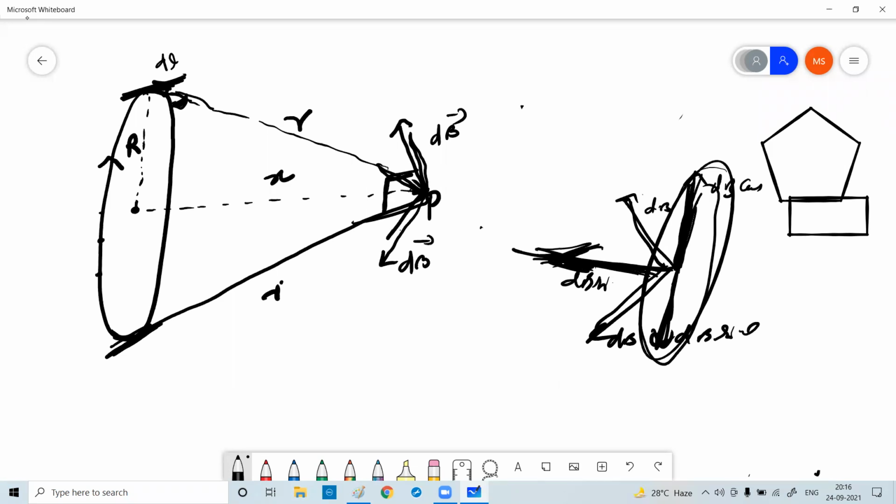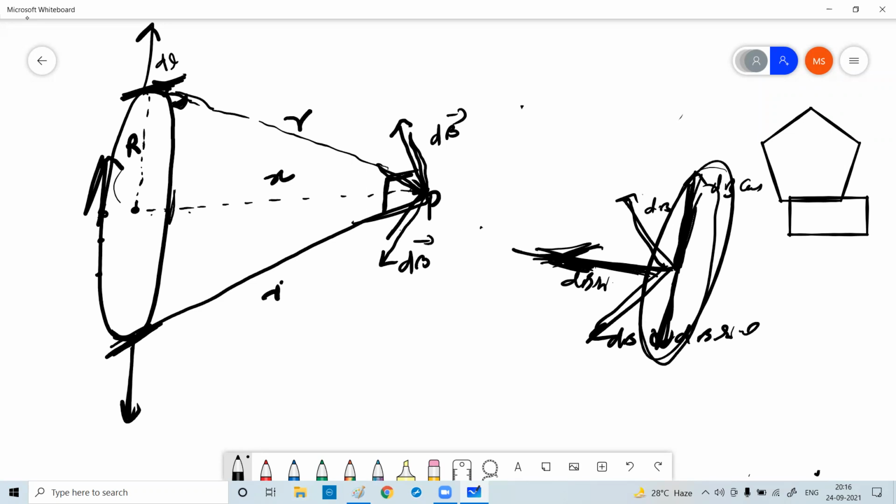Why? Because for each dB, for each cos theta you have another cos theta on this side, which cancels out. So for every part of the current loop, if you have a cos theta, you have another cos theta in the opposite direction. Did you understand?